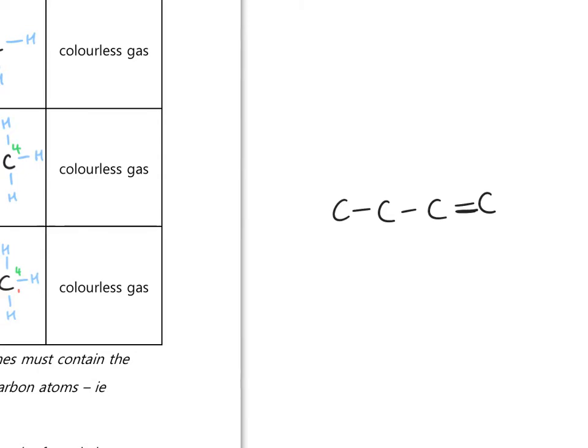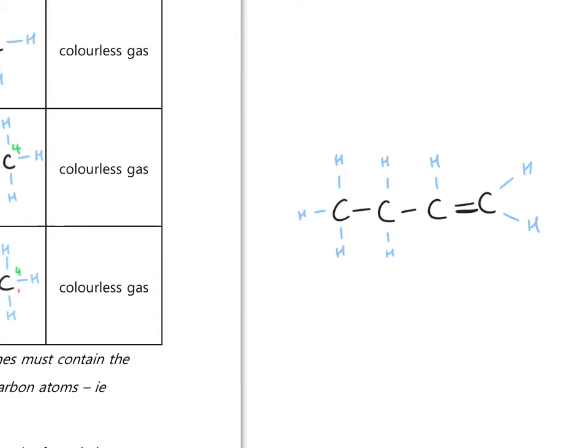Let's throw in our hydrogens just to make this complete. Our end carbon will need 3 more bonds. Our second carbon will need 2 more bonds. Our third carbon only needs 1 more bond. And our final carbon needs 2 more bonds.